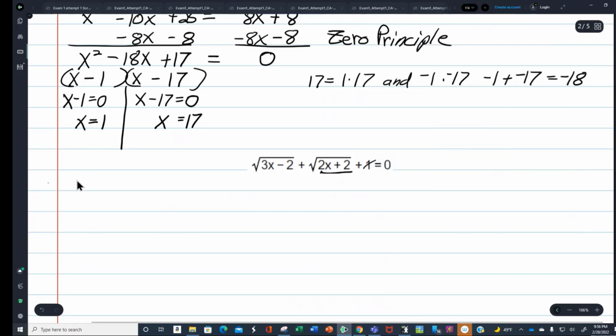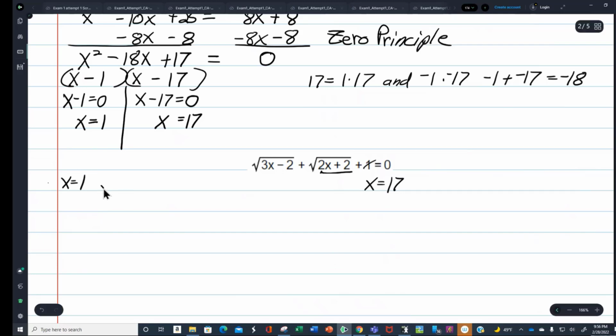And I'll check x equals 1 over here, and x equals 17 over here.